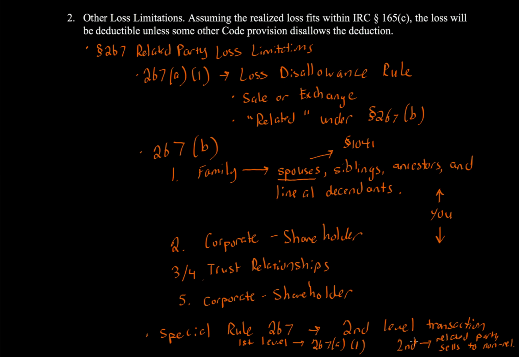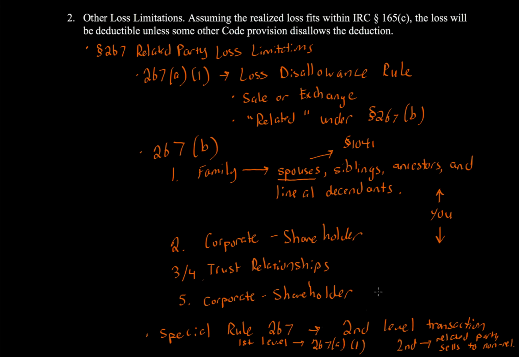If that's the case, the related party in the first transaction that's selling in the second to a non-related party can actually offset their gain with the loss. You can't go negative, but you can offset the gain down to $0, or whatever amount can offset it. Basically, the idea is that the related party can offset using the loss that was disallowed in the first one.